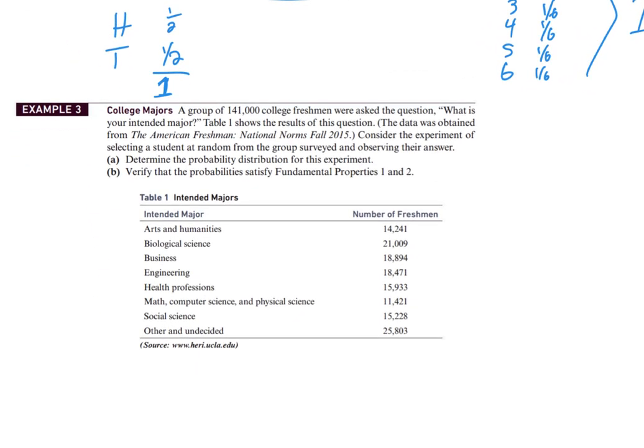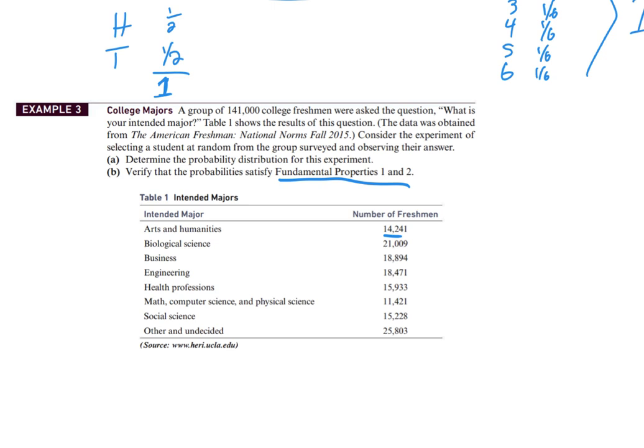A group of 141,000 college freshmen were asked the question, what is your intended major? Table 1 shows the result of this question. Consider the experiment of selecting a student at random from the group and observing their answer. Determine the probability distribution for this experiment and verify the probabilities satisfy properties 1 and 2 in the chart above. What is the probability that somebody is in arts and humanities?